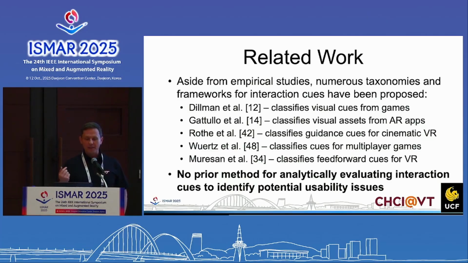Roth et al. classified guidance cues for cinematic VR applications. Wertz et al. classified cues from multiplayer games, and more recently, Merson et al. presented a framework for classifying feed-forward cues for VR. But what's very important to note here is that while there are many classifications for interaction cues, none of the prior work has provided a method where you can analytically evaluate interaction cues for potential usability issues.